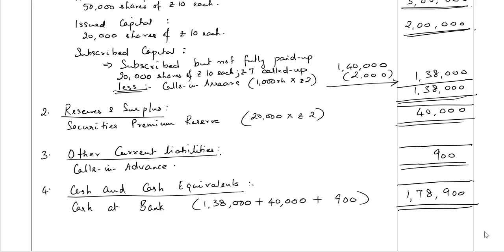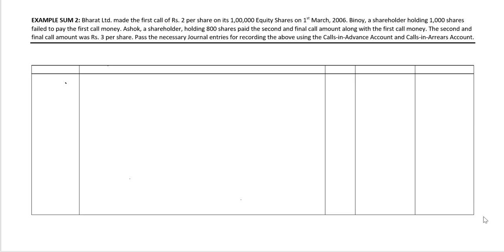We'll move on to the second example sum. Example sum 2. Bharat Limited made the first call of rupees 2 per share on its 1 lakh equity shares on 1st March 2006. Binoy, a shareholder holding 1000 shares, failed to pay the first call money.